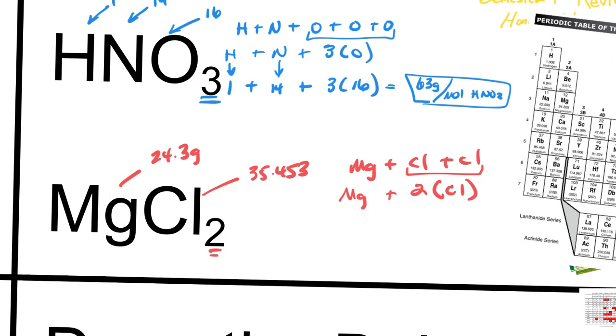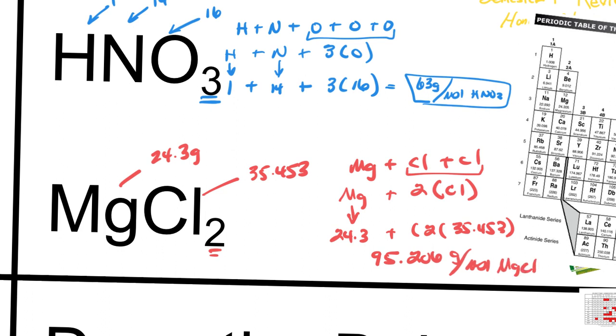So what I'll do is put in 24.3, and I'm going to add this to 2 times the mass of 35.453. If you go ahead and do all of that, plug it into the calculator, take 35 times 2, add it to 24.3, the total mass that you end up getting here is 95.206 grams per mole, and this is going to be of MgCl2.